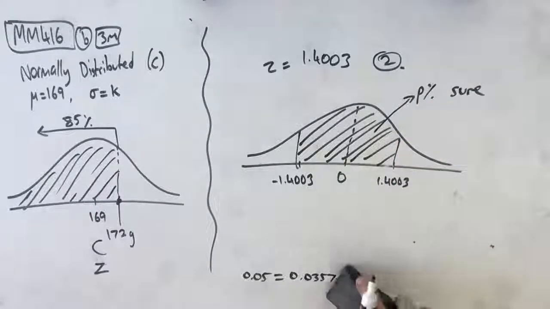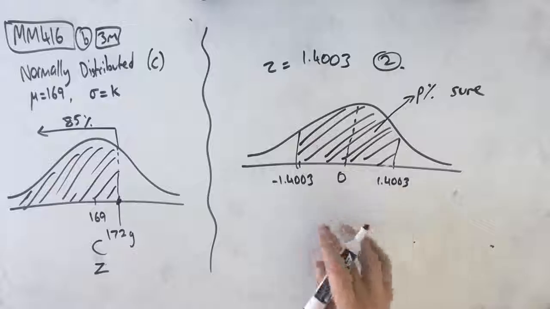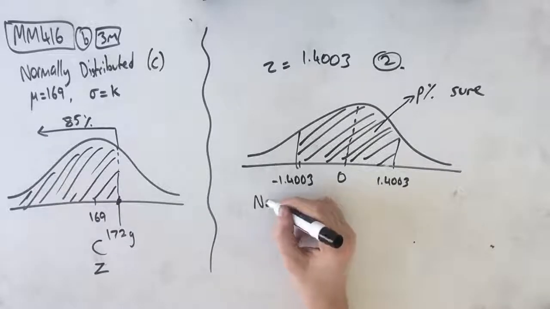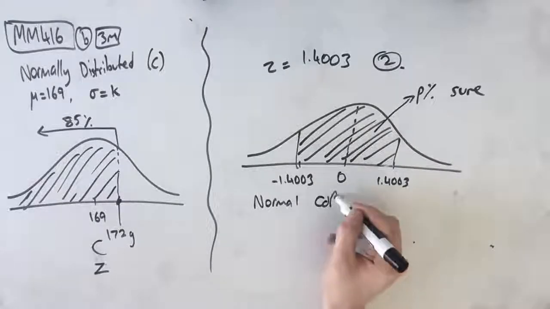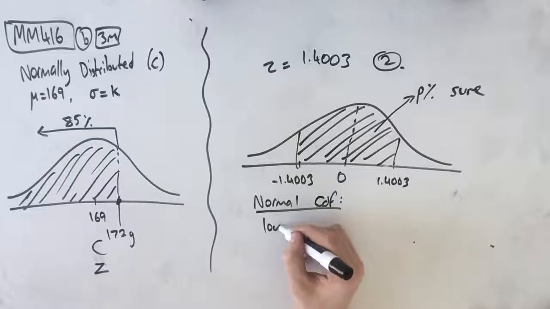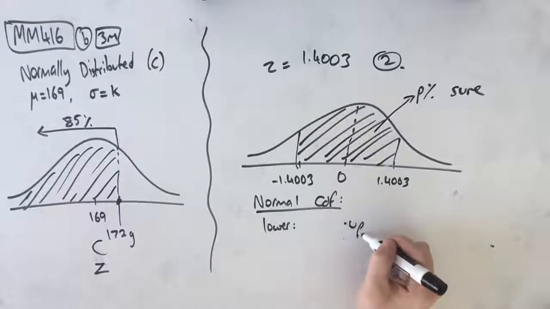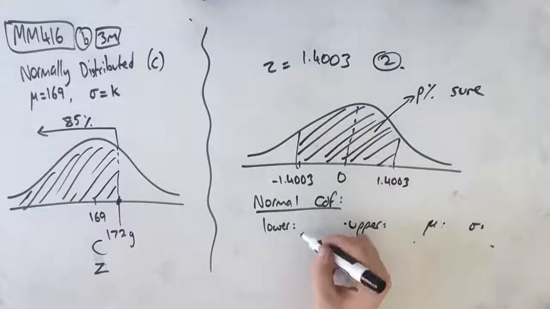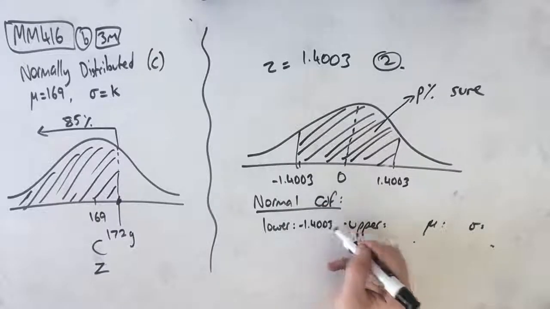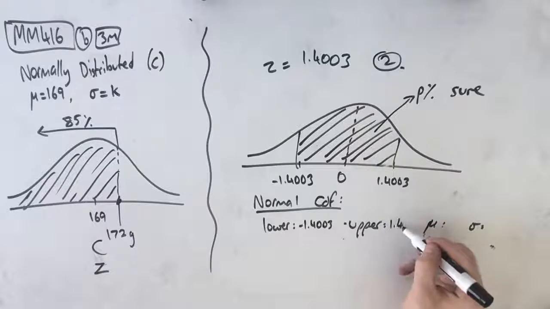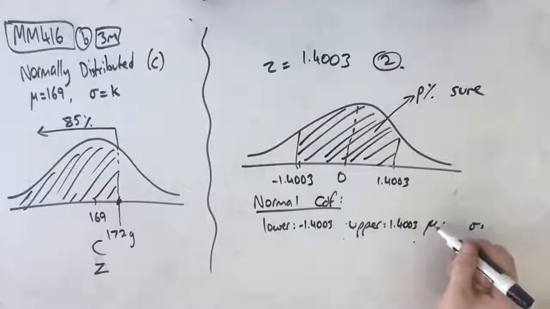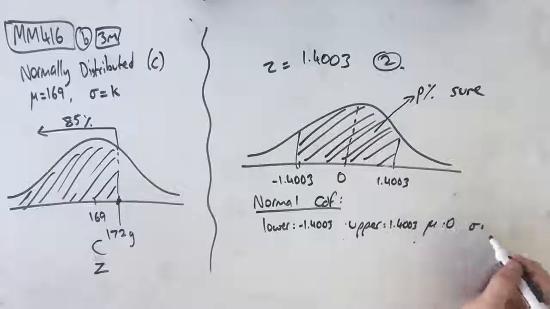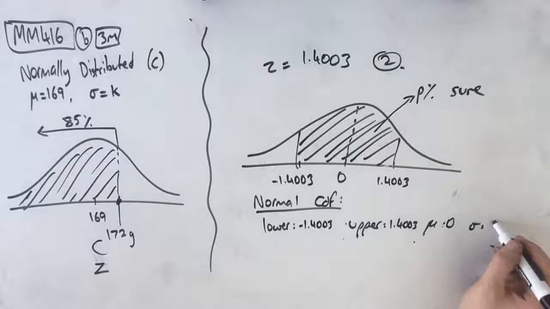The way that we find that is by finding the probability between these two sections. So we grab our normal CDF in our CAS: lower, upper, mean, standard deviation. Our lower is negative 1.4003, our upper is 1.4003, our mean is 0, and our standard deviation is 1.